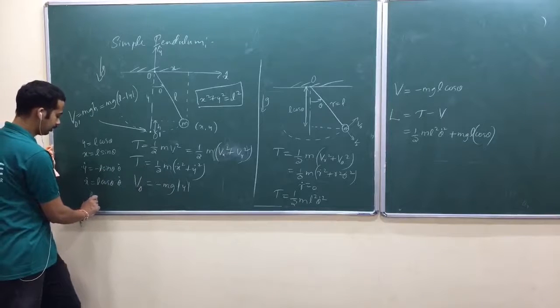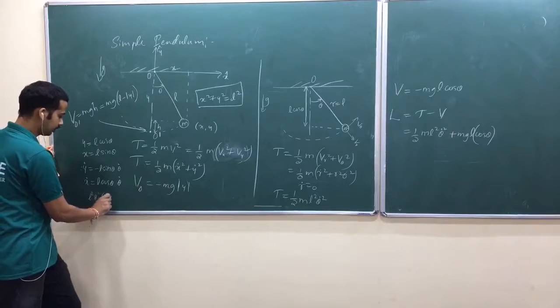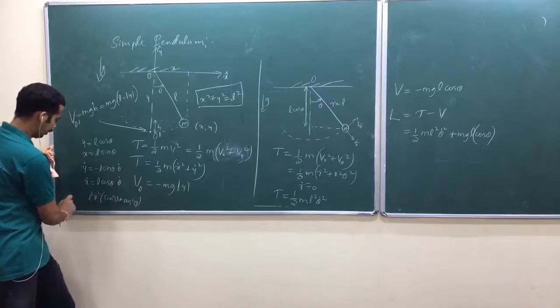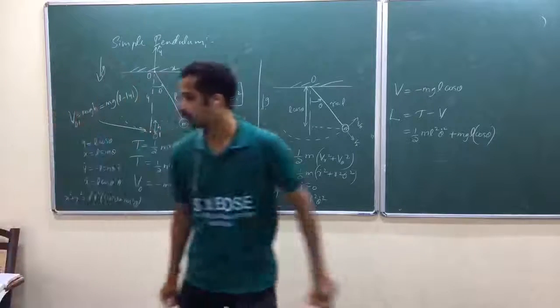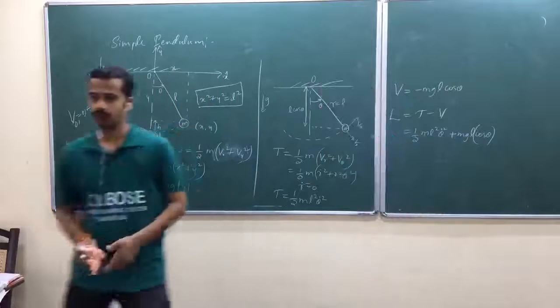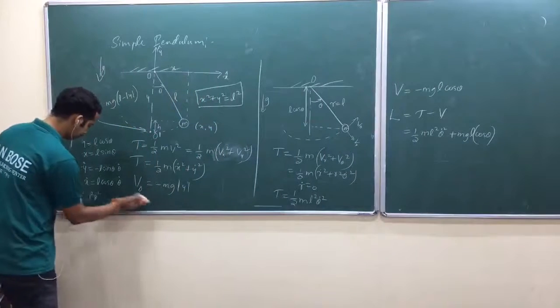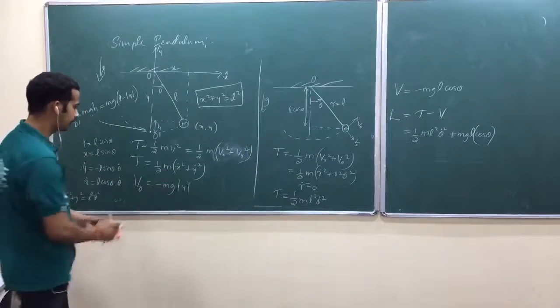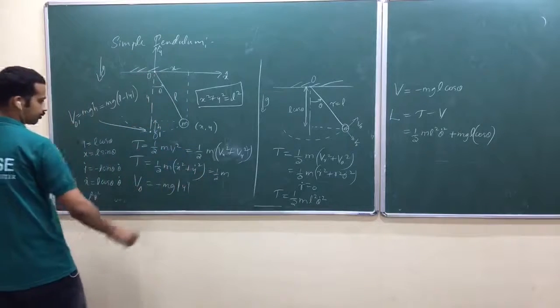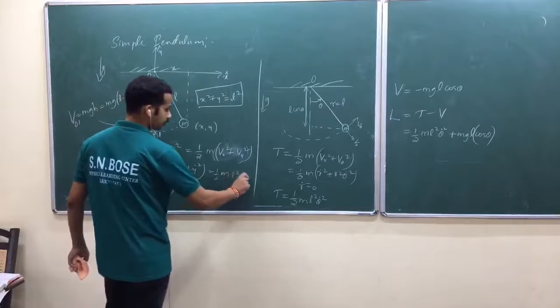L square theta dot square outside, times sin square theta plus cos square theta. What is this one? X dot square plus y dot square. What is this part? 1. Am I right? So now, in place of this, what do you have? If you convert half m, x dot square plus y dot square, it is half m L square theta dot square.